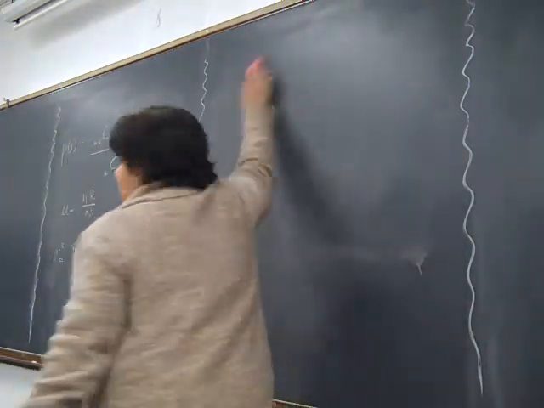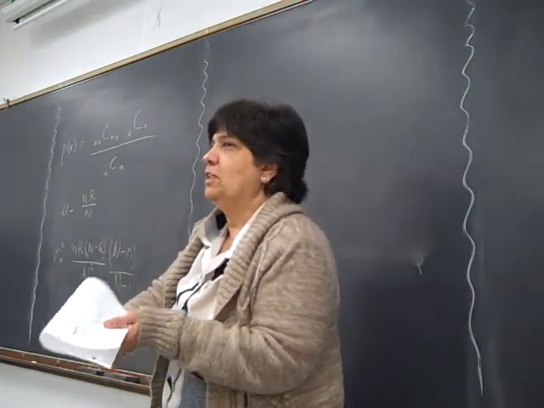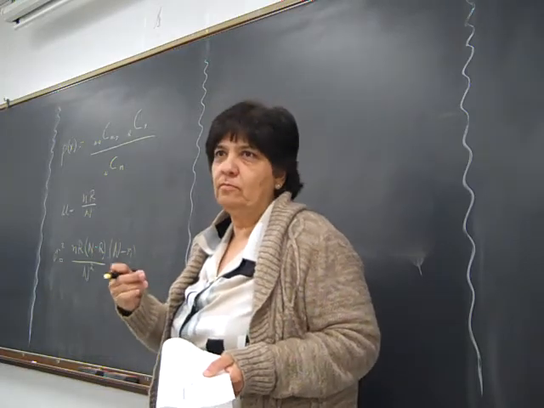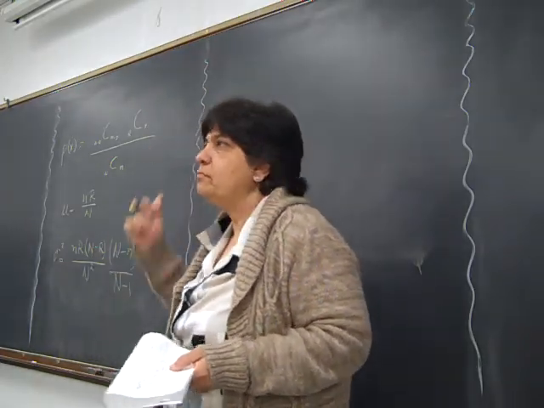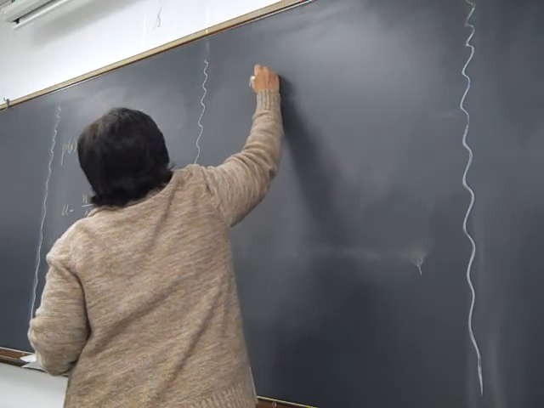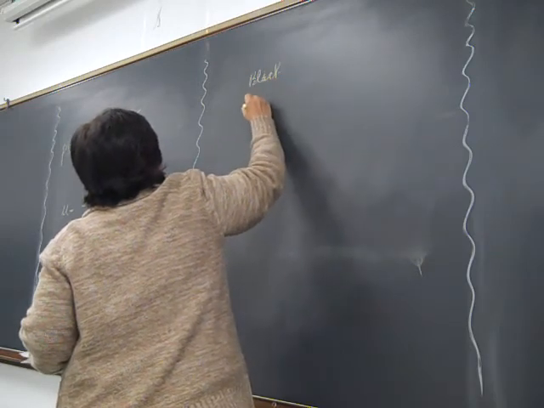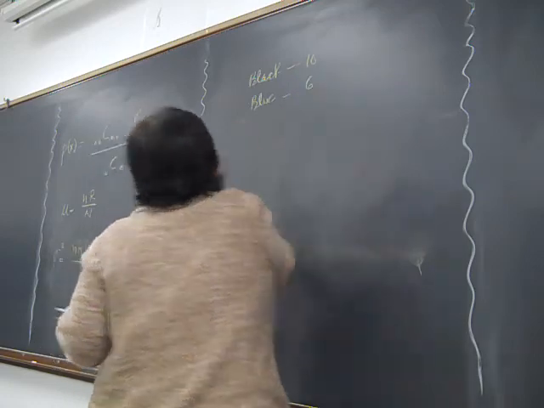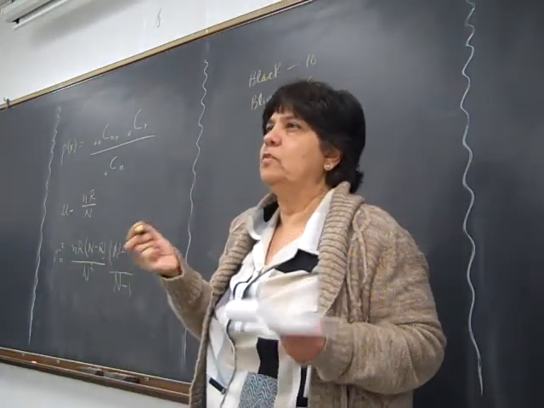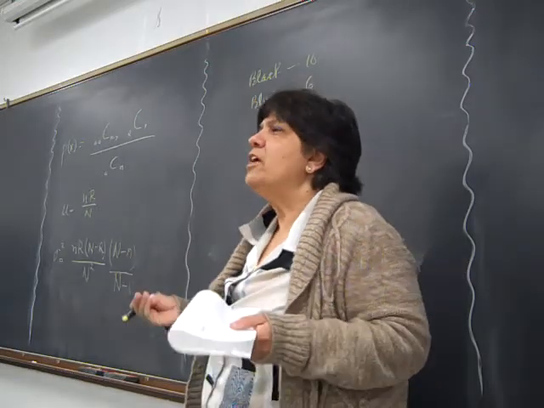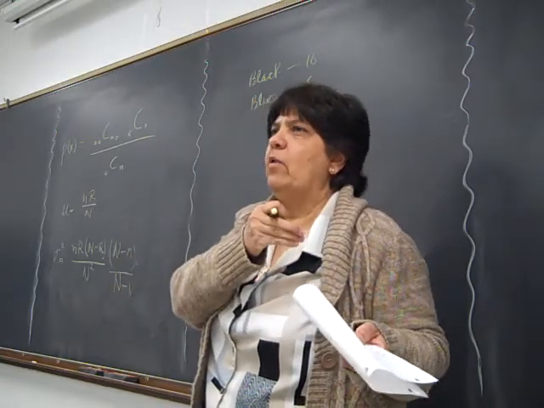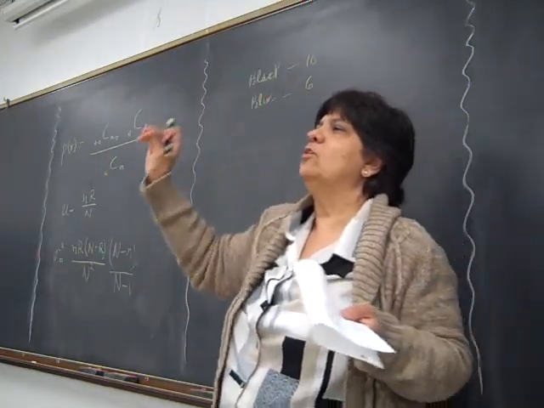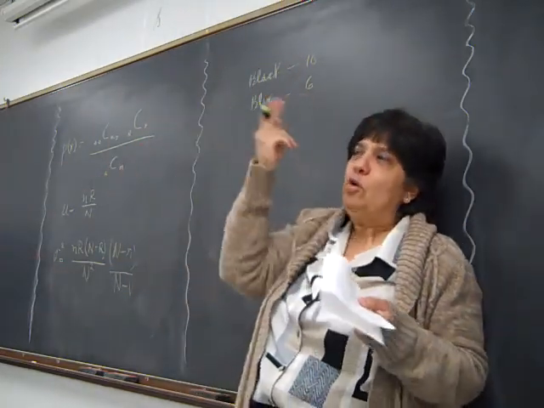I have a drawer with socks in it, black and blue. I have 10 black socks and 6 blue. In the morning, I wake up very early and I don't want to wake up my husband, so I just grab 2 socks, and I want to know the probability that I get 2 black socks.